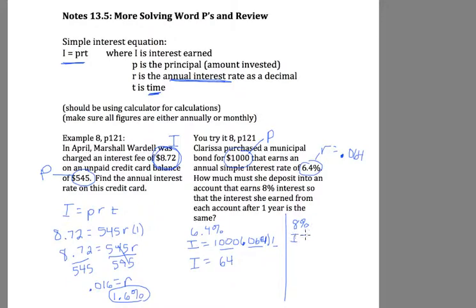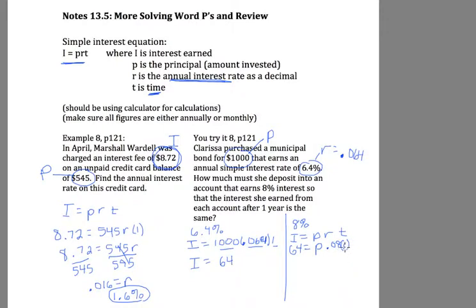So again, let's set up our equation. I equals PRT. Again, our time is 1 year. We know our interest rate is 8% or 0.08. And we're solving for P. We want our amount of interest to be the same as the other account, so I'm going to set that to be 64.